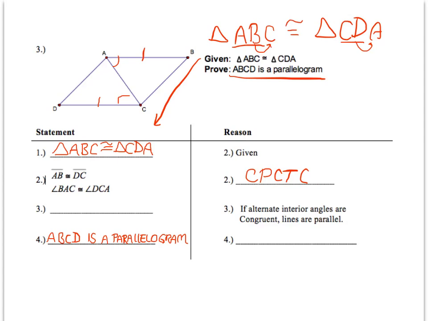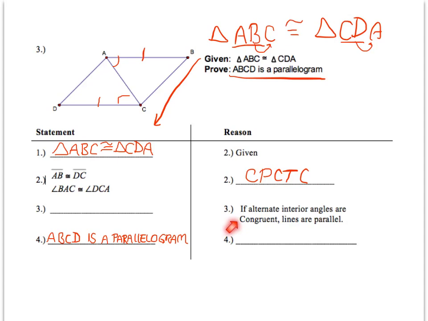Step 3, blank. What do we do? Well, we've already got opposite congruent sides, so if we want to prove a parallelogram, we have to take something out of one of those theorems that we learned today. And we could either use opposite sides are parallel, or maybe prove another congruent side. There's many different ways to approach this problem.